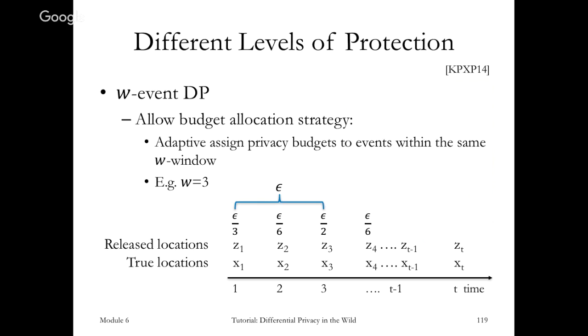The key idea is they assign more privacy budget to events that have more changes, and if there are very little changes, you just assign a lower privacy budget. As long as the total budget within the window is within epsilon, this privacy guarantee is ensured.